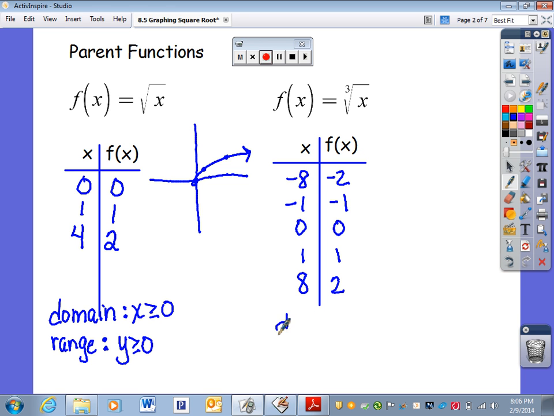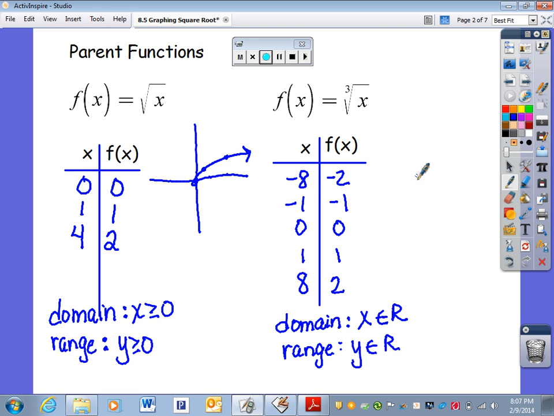So in this case, our domain with a cube root function would be any real number, because we can use positive and negative values. So our range as well will be all real numbers.